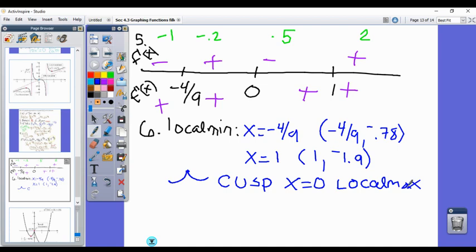All right. Next, we're going to talk about our asymptotes and end behavior. In this case, we have no asymptotes, no restrictions. Now let's talk about our end behavior.